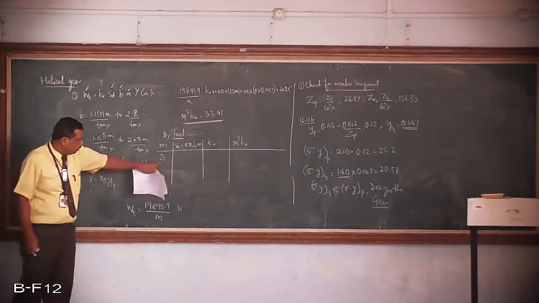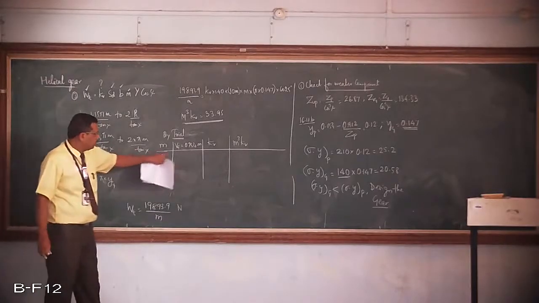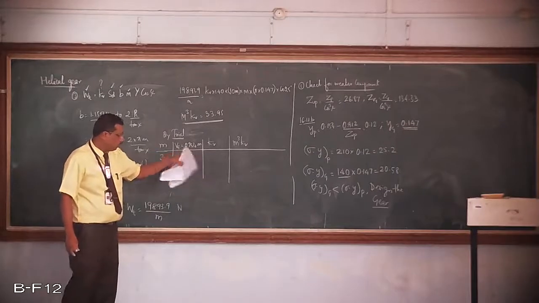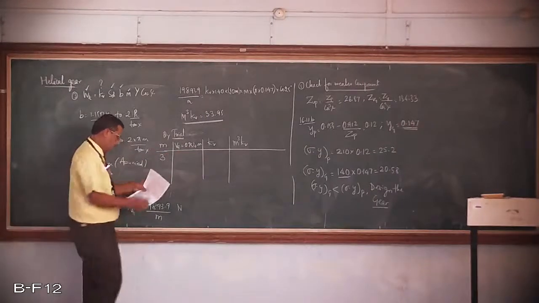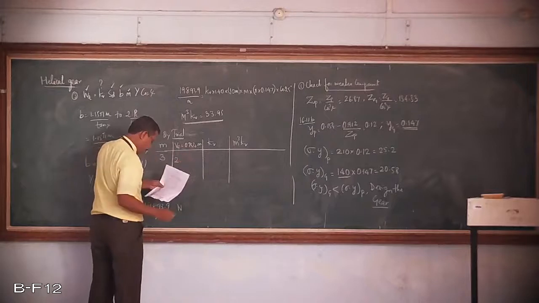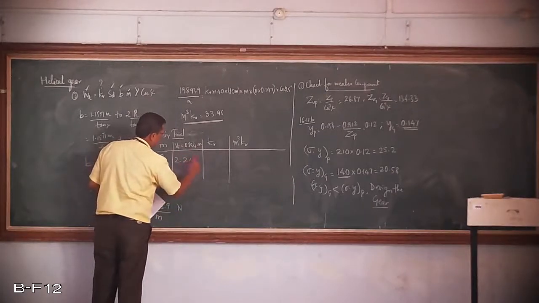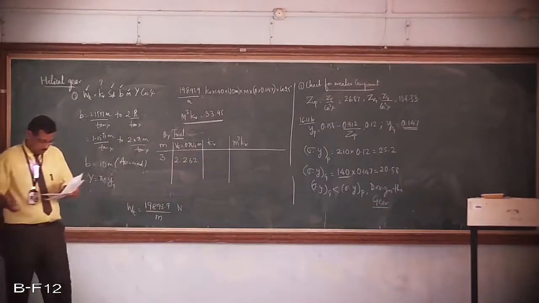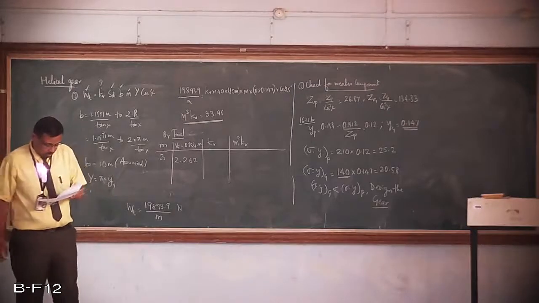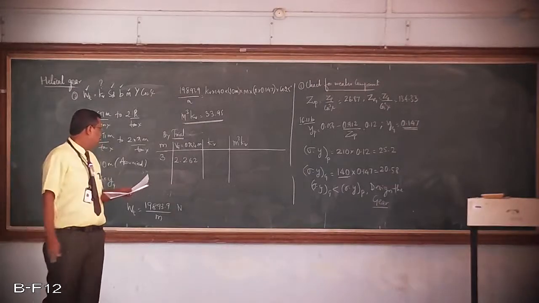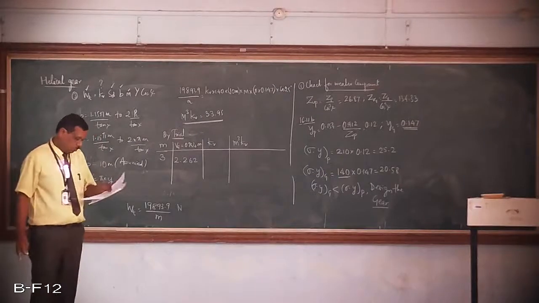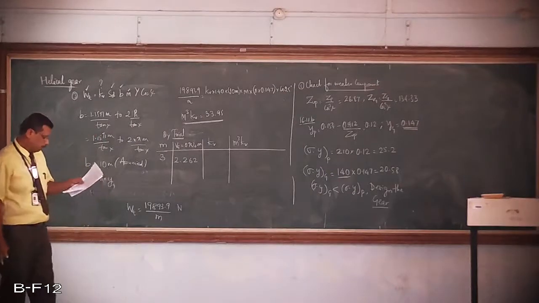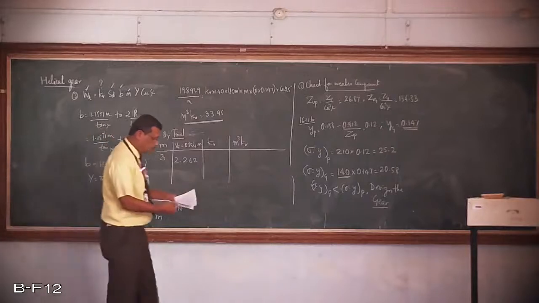If you take module as 3 millimeters, 3 into 0.754 gives 2.262 meters per second. Now let us see the value of KV.